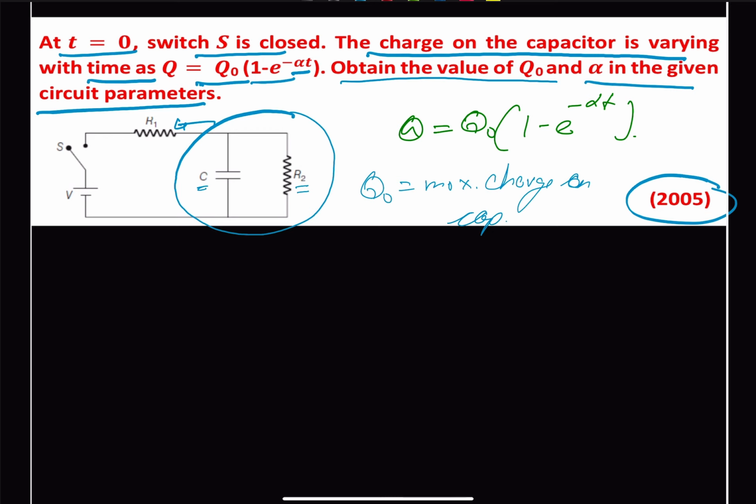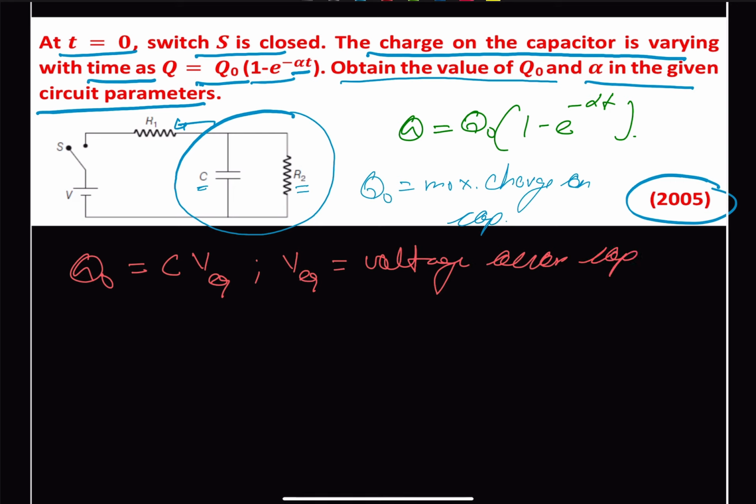Therefore we can write that this value of Q naught will be equal to C multiplied by V equivalent, and here this V equivalent will be equal to the voltage across the capacitor in steady state condition.